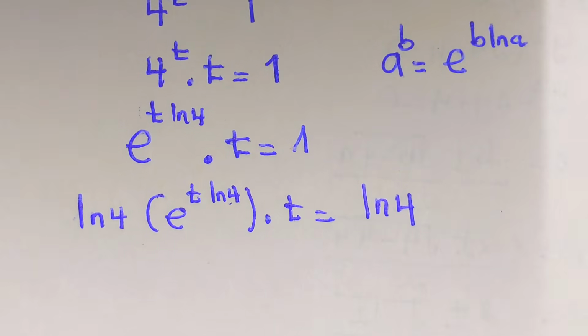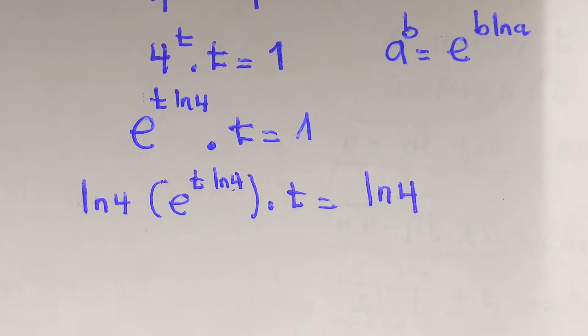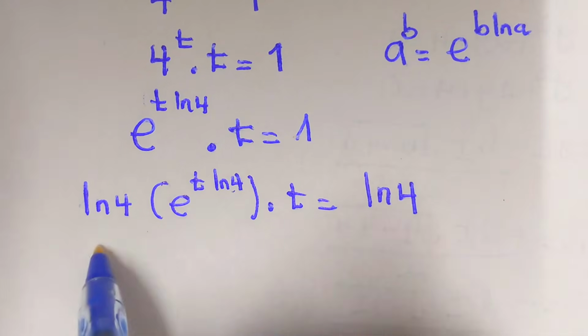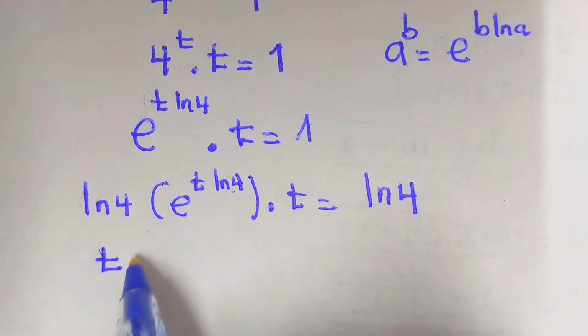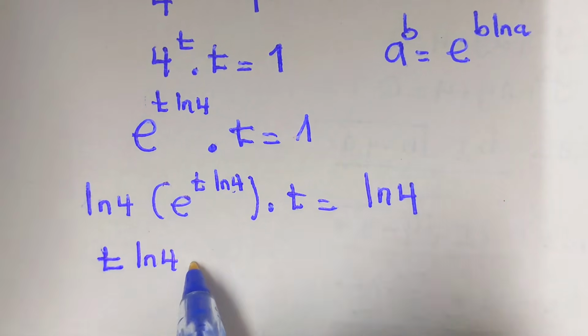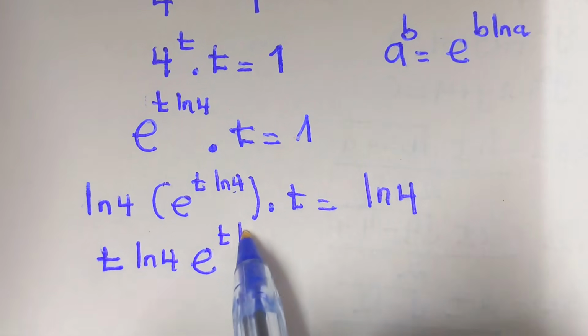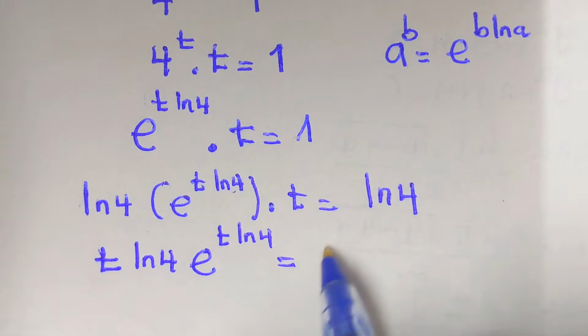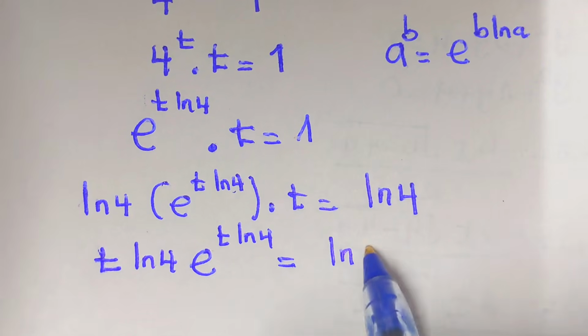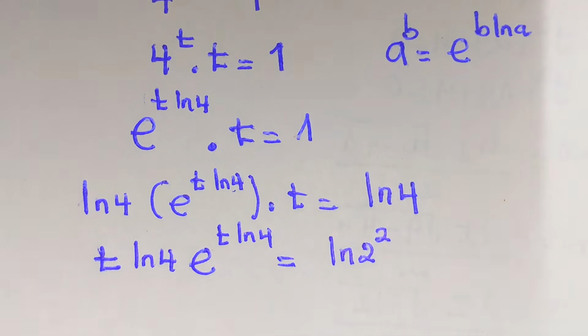I think everything is clear at this stage, right? And then we shall get t ln of 4 times e power t ln of 4 equals ln of 4, which can be ln of 2 squared.